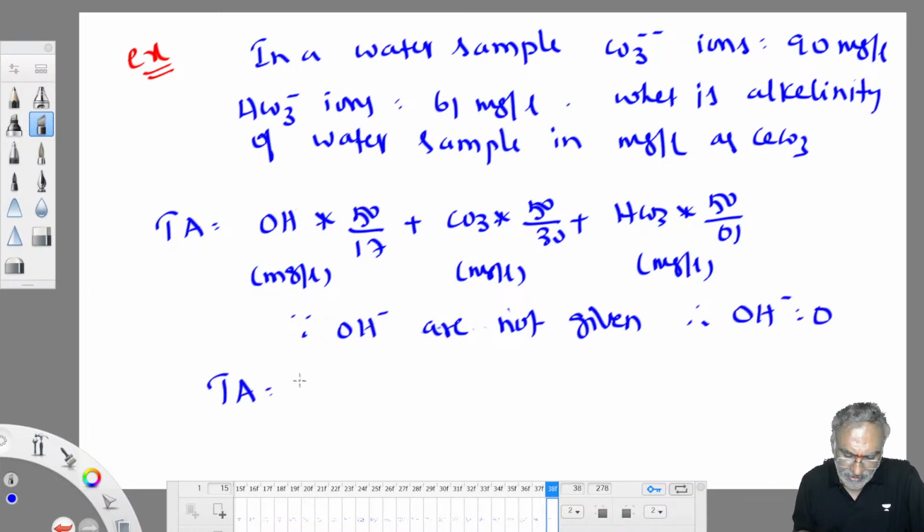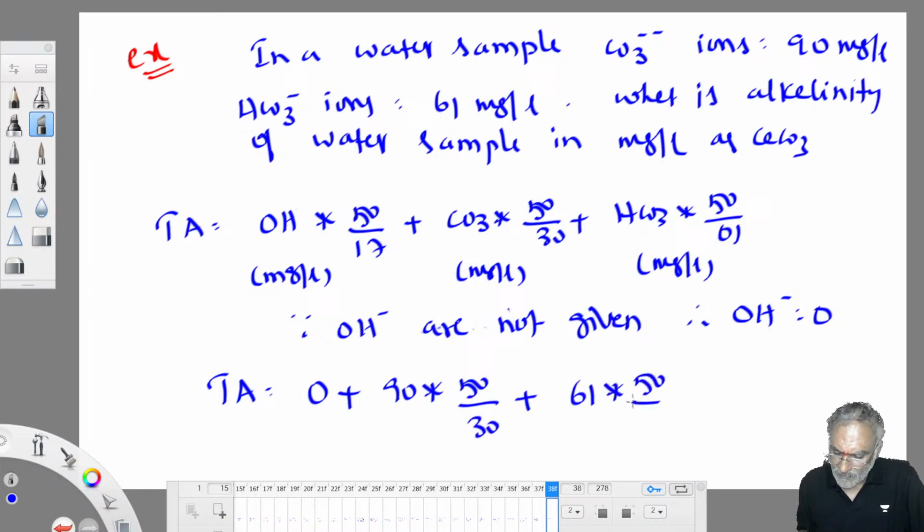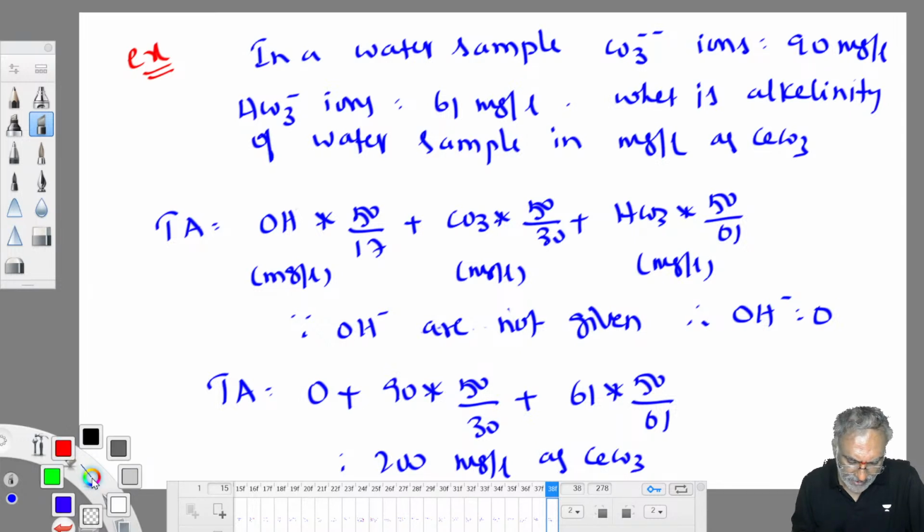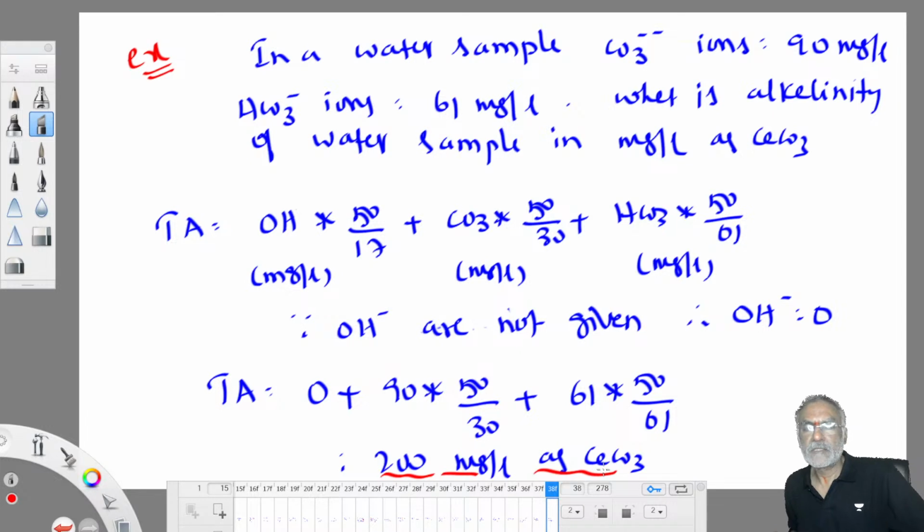Therefore, total alkalinity is equal to 0 plus carbonates 90 into 50 by 30, bicarbonates 61 into 50 by 61. So 150 plus 50, 200. So this is 200 milligram per liter as CaCO3. That is the answer for this question. Hope this solution is clear to you.